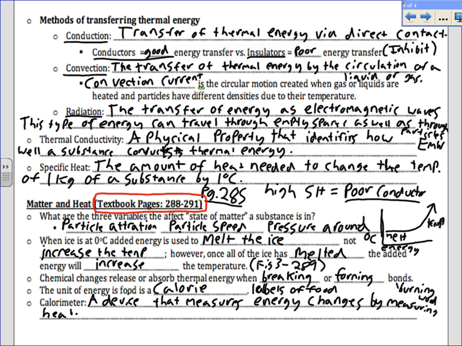And it's used to calculate the energy in food. Okay? And another example would be a bomb calorimeter. And what that does is it calculates the energy in the food by burning the food and seeing how much heat is given off from it. Okay?